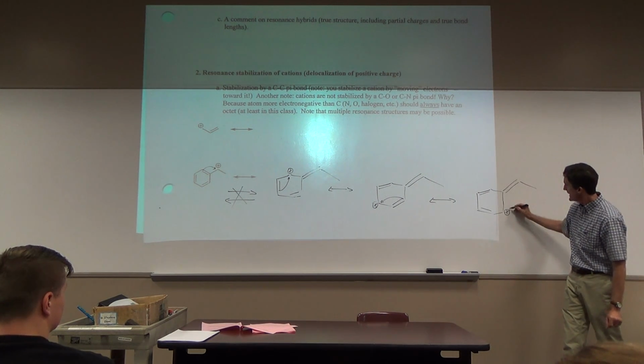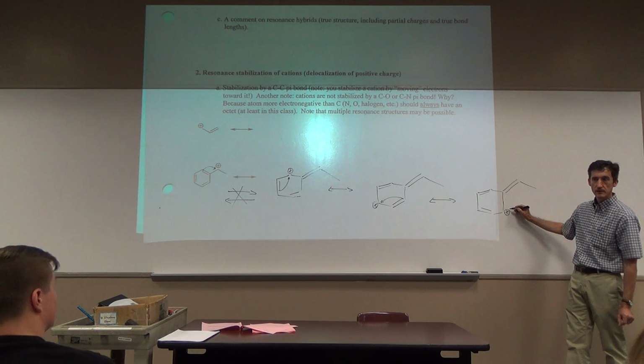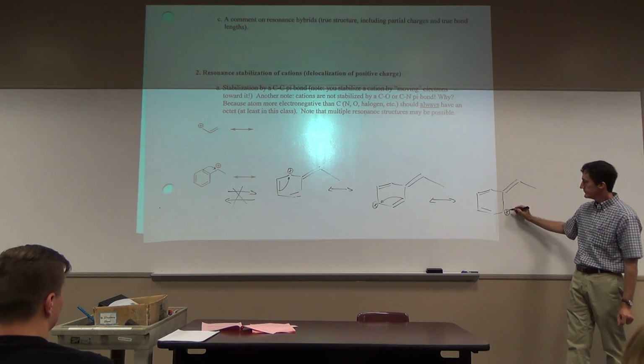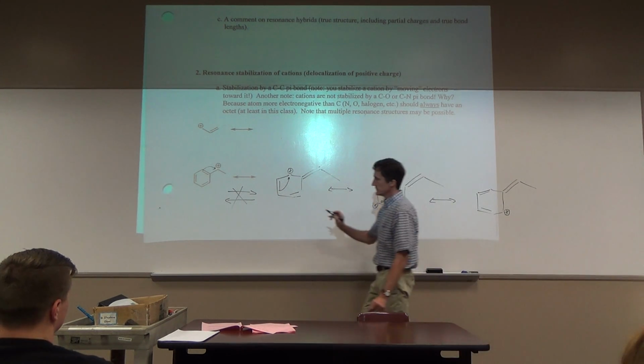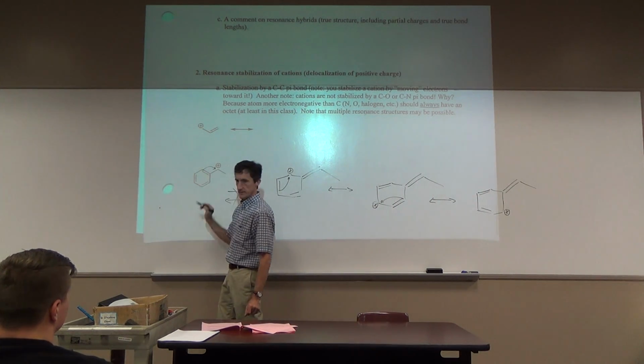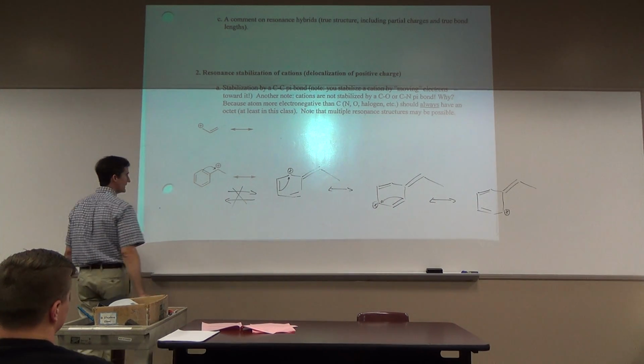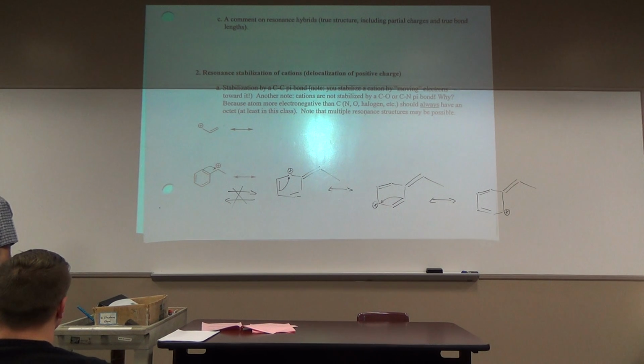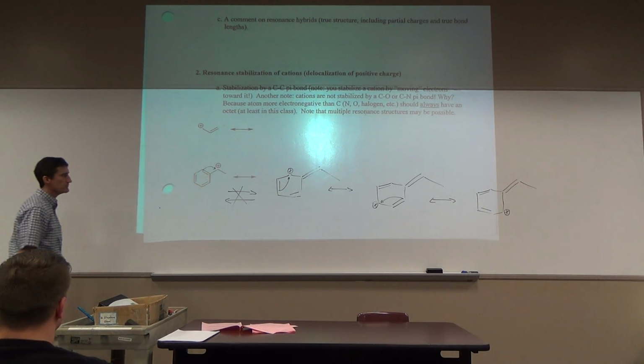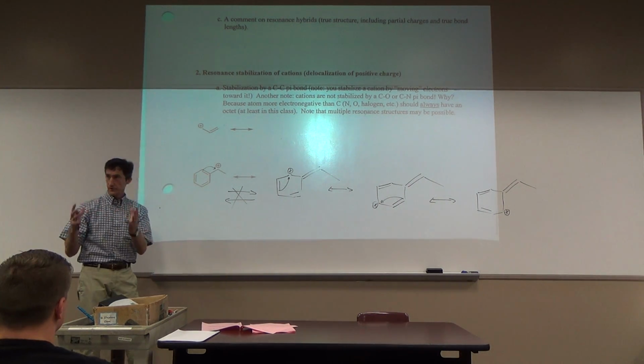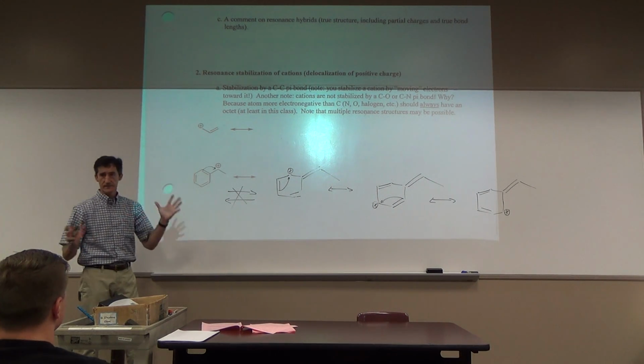What if we pull these down? What would that give us? Pretty much, except the pi bonds would be moved around in the ring. Okay? That would be theoretically a different resonance structure. But the cation, if you focus on delocalization, the cation would be back to the same position.